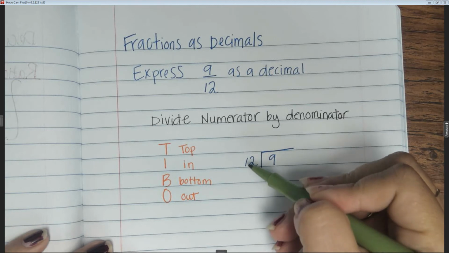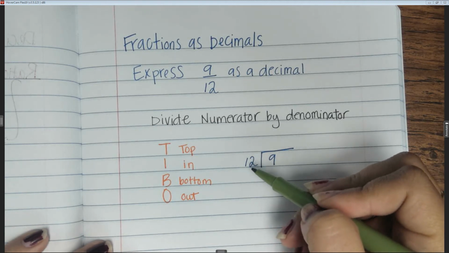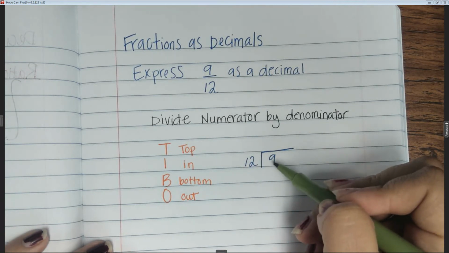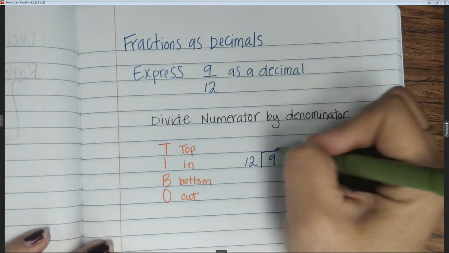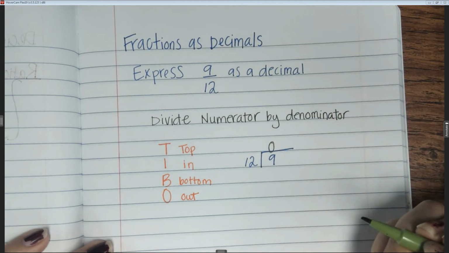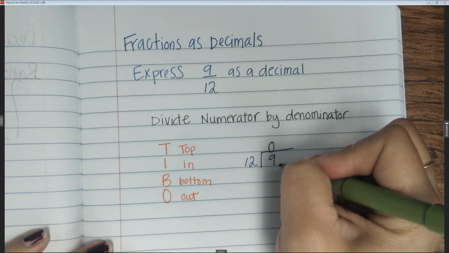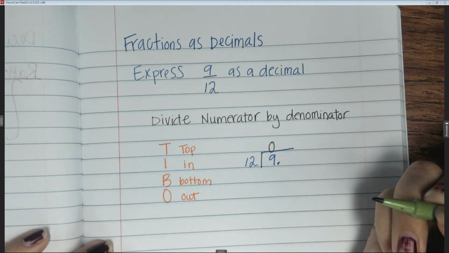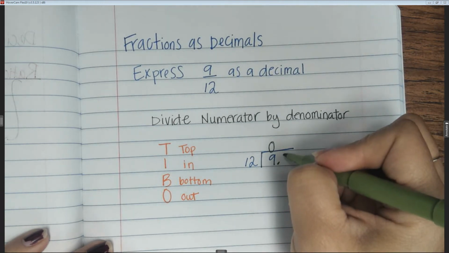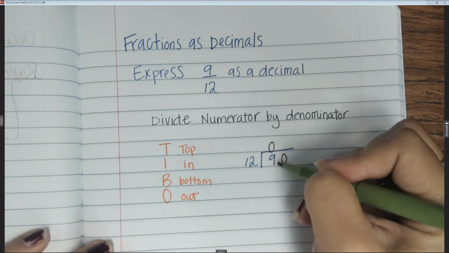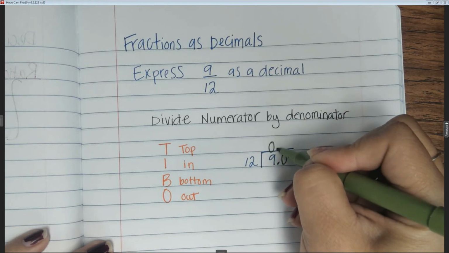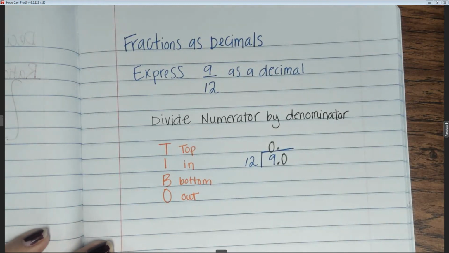So when I don't have any groups of 12 inside of the number 9, I'm going to add a 0 here, and then I'm going to add a decimal right after my whole number 9, and then I'm going to add a 0. This decimal is going to follow and go here.